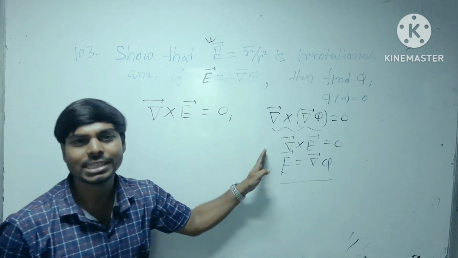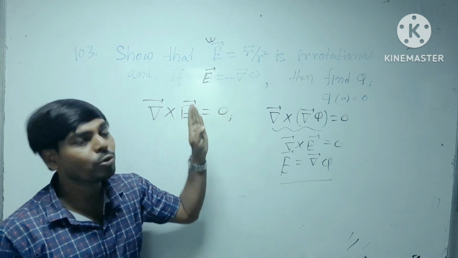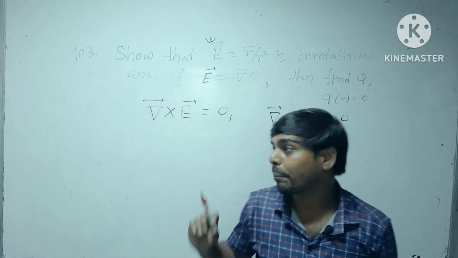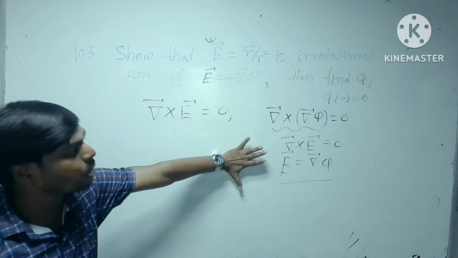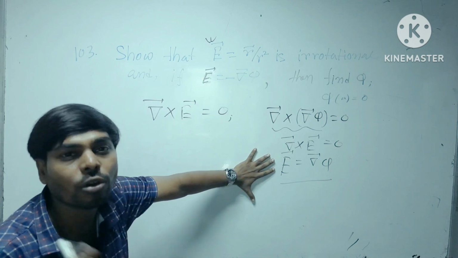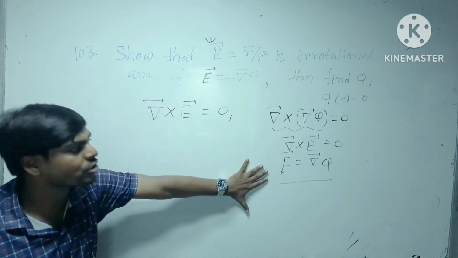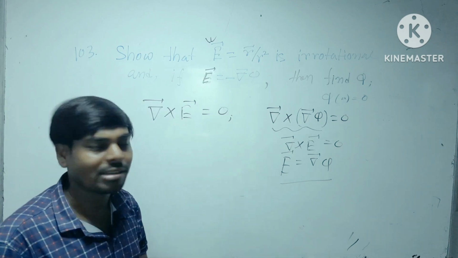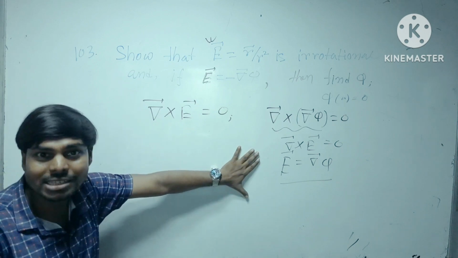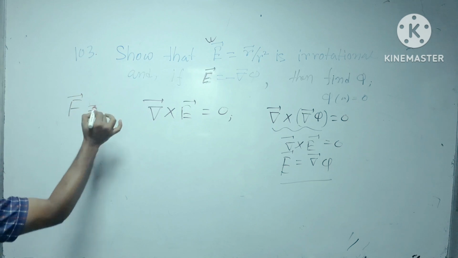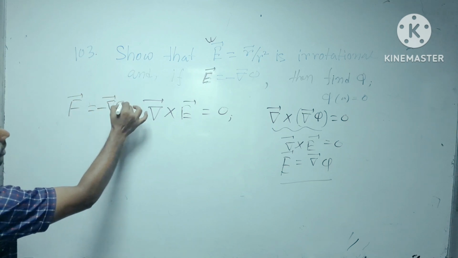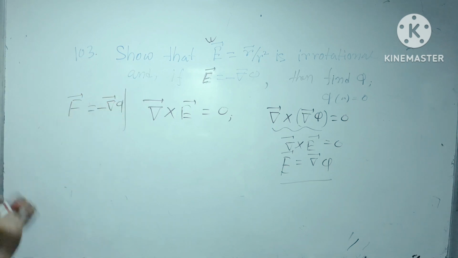Where is this application? এই প্রবলেমগুলো খুব ইম্পর্টেন্ট, এই প্রবলেমগুলো প্রচুর পরিমাণে অ্যাপ্লিকেবল ইন electrodynamics, electrostatics, magnetostatics, Maxwell's equations, gravitation, like force field. The gravitational force we all know that it is minus gradient of phi.